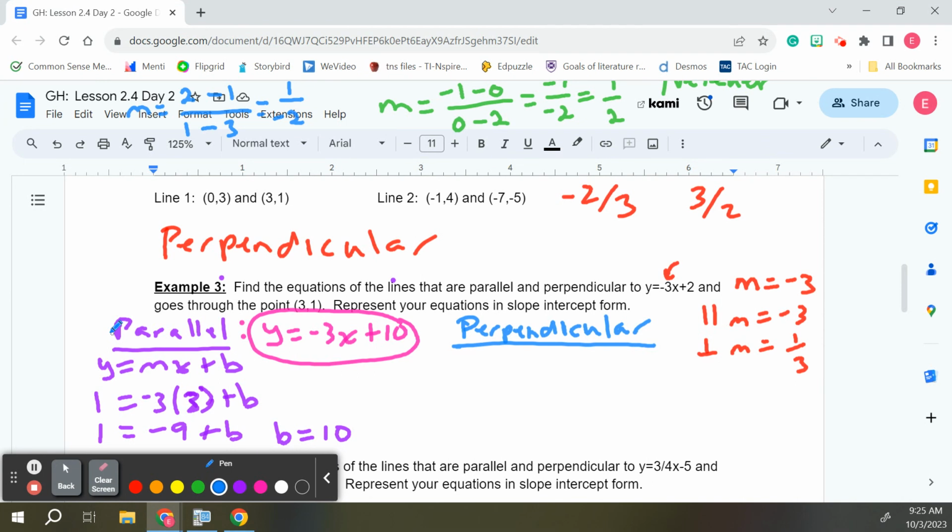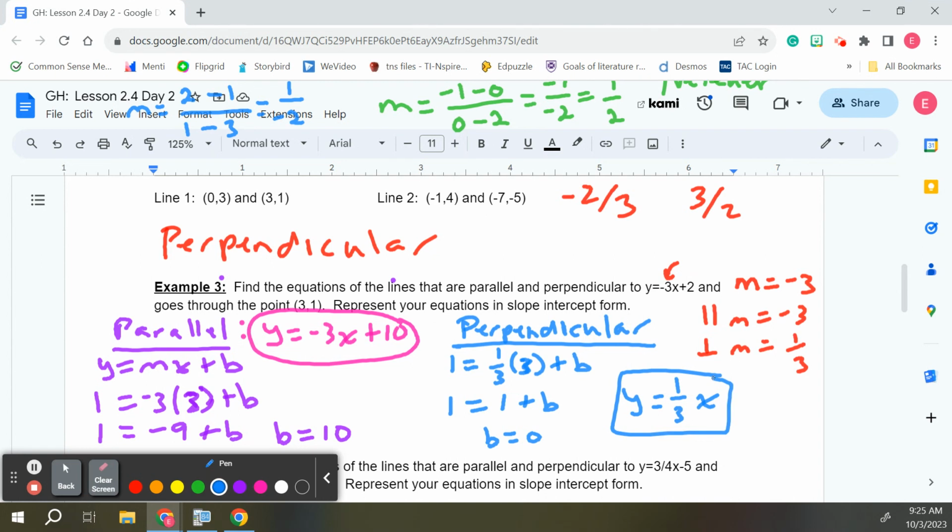So I'm going to have 1 equals 1/3 times 3 plus b. This leaves me with 1 equals 1 plus b. So then I get b is equal to 0. So y is equal to 1/3 x. So here's my perpendicular line.